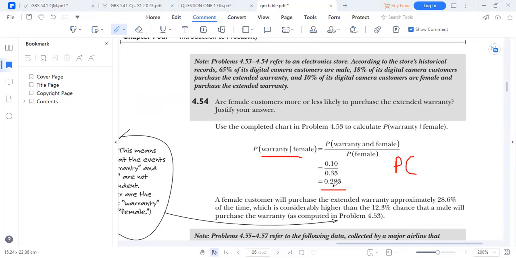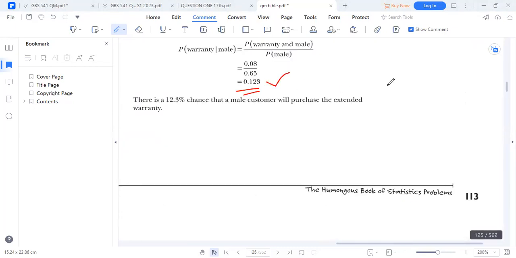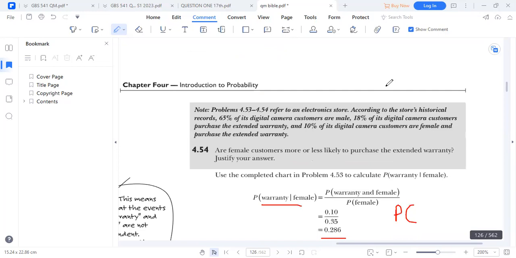So this is 28% coming from the females, and this is 12% coming from the male. Seen that? So who is more likely, males or females, to do the extension?